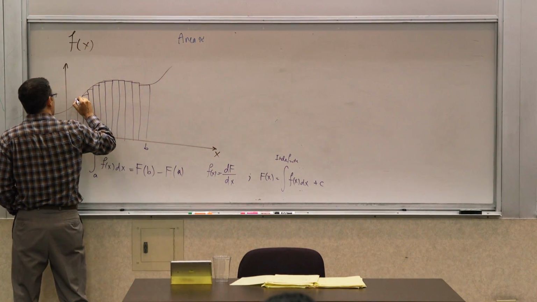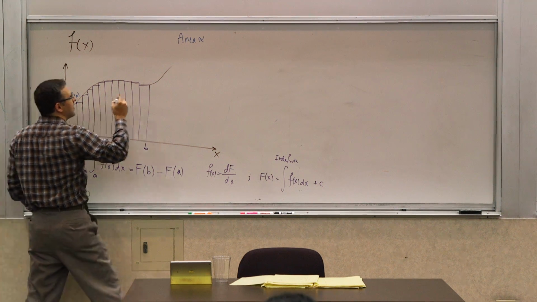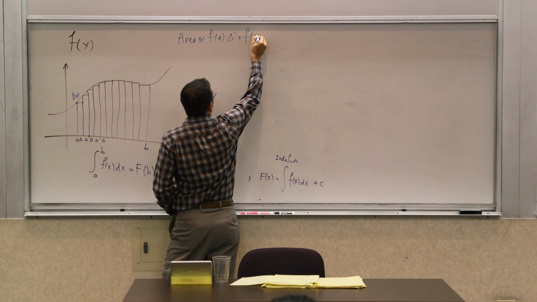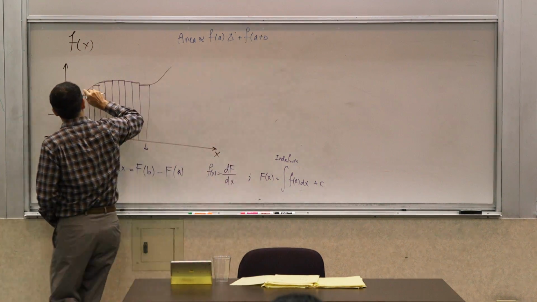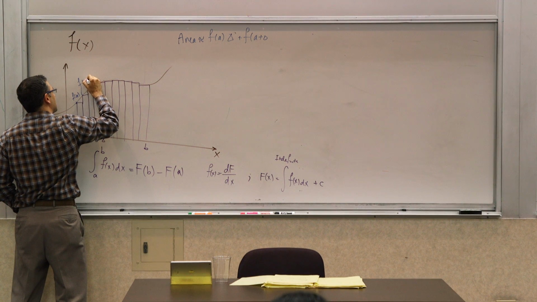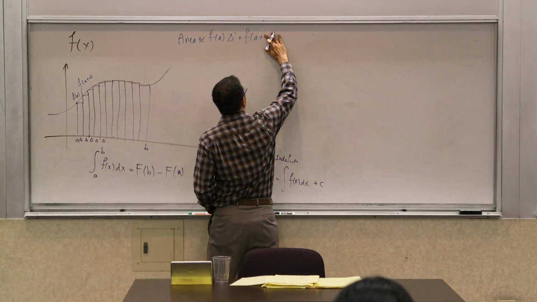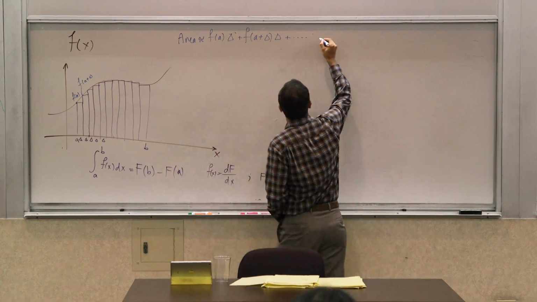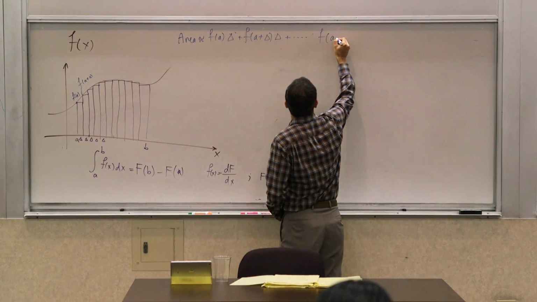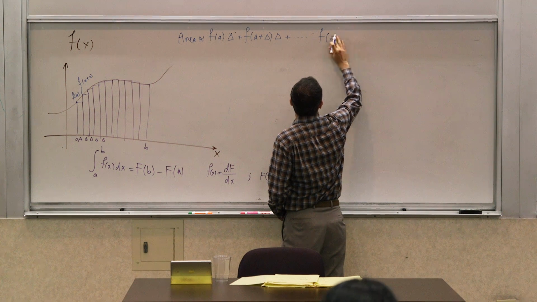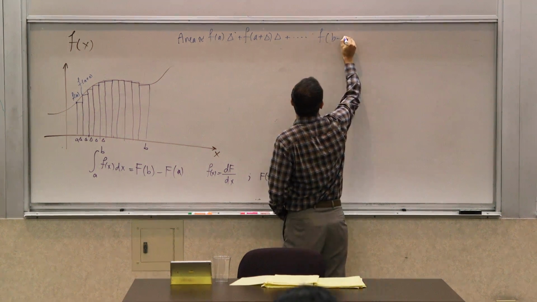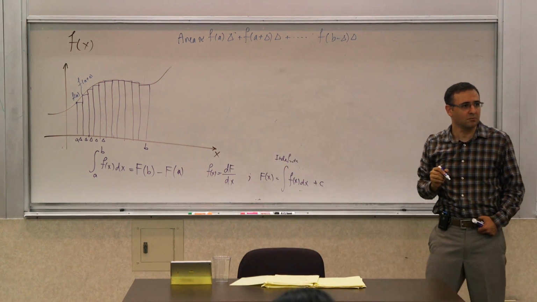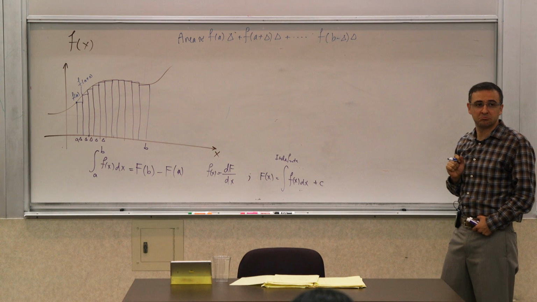This is the value of the function at A, so this is f of A, lowercase f of A, times delta, plus f of A plus delta, which is the value here, times delta. And so on and so forth. And the last one is, I guess, f of B minus delta times delta. Right? That's roughly the area.